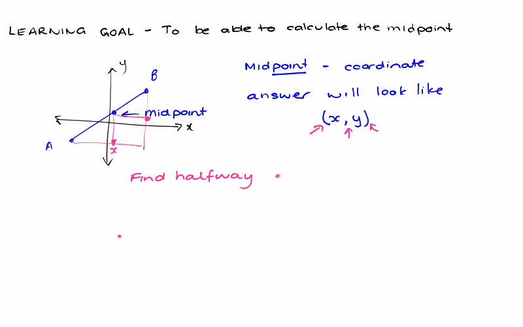So you would add the 2 x values and divide by 2. And likewise, you would add the 2 y values and divide by 2. And that's actually the formula. But you can do it in 2 different ways. Let's have a look. There's probably more ways you can do it, but I do it 2 different ways.